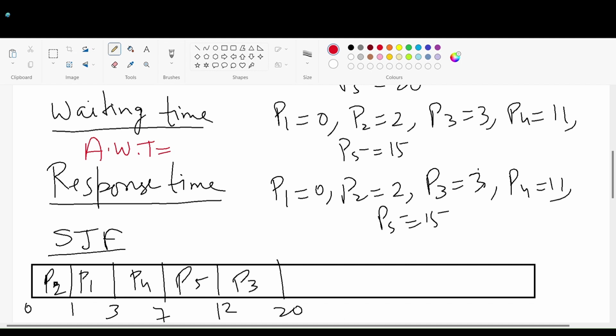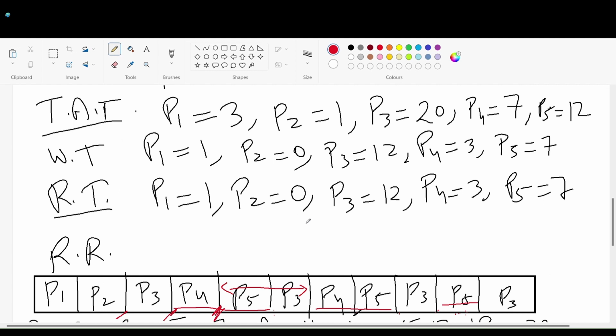You add all the waiting times together and divide by the number of processes. There are 5 processes. So 2, 3, 5, 5 and 11, 16, 16 and 15, 31. So 31 divided by 5 is 6.2. Okay. So this is the average waiting time in the FCFS algorithm.